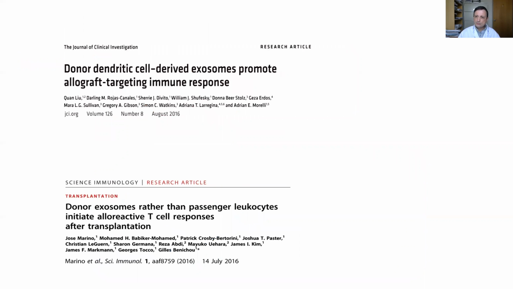This field of transplant immunology started more or less 4 years ago. And there were these two papers, one from our group and the other from a group of our colleagues at Harvard. They demonstrate that the graft releases extracellular vesicles that deliver the alloantigens and a lot of inflammatory signals that trigger the rejection process.